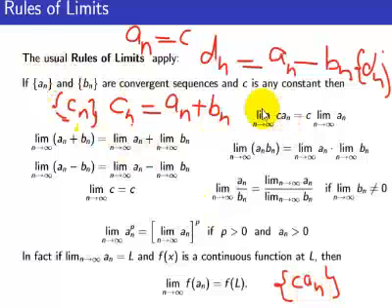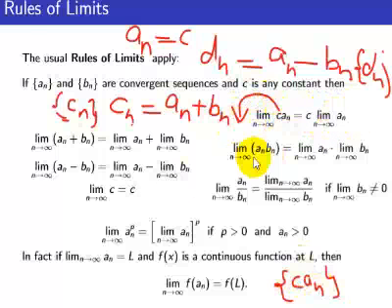Because this constant does not depend on n, you can take it out from the limit. Otherwise you cannot take it out of the limit, right? Then the limit of this one is equal to C times the limit of A sub n.